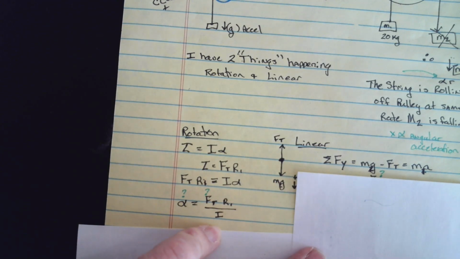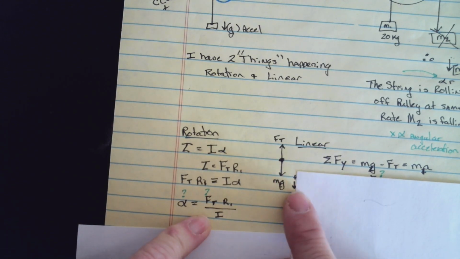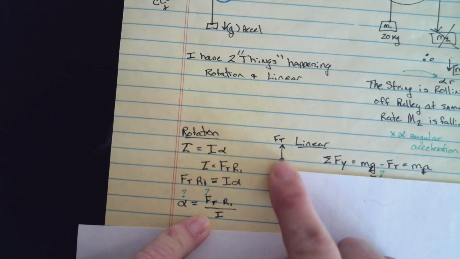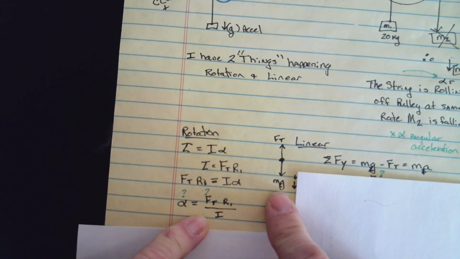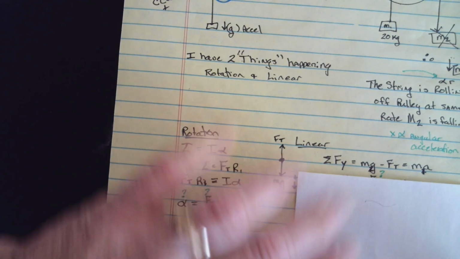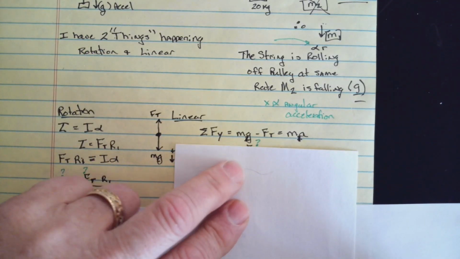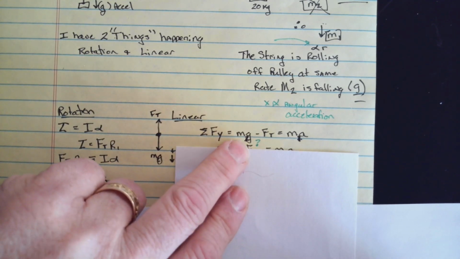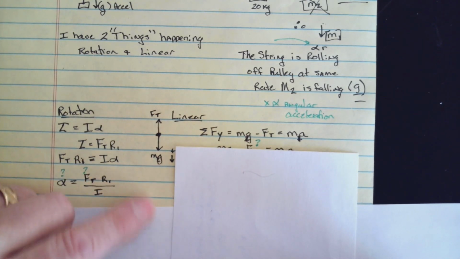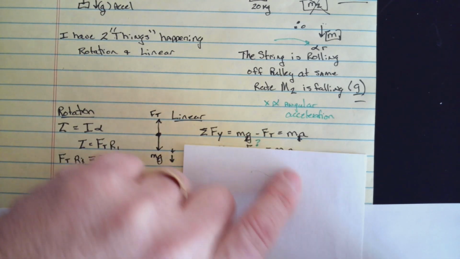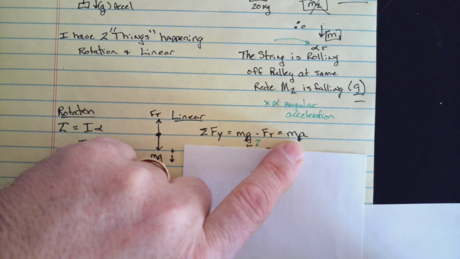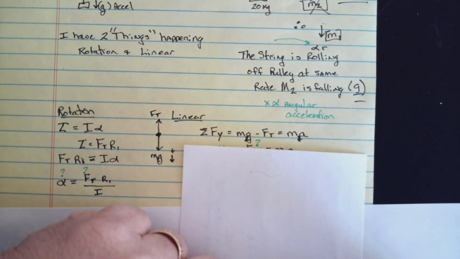I can look at the linear situation. I have a free body diagram, those never went away: the force of the string, the tension, versus mass 1 and gravity pulling it down. If I sum my forces in the y direction, with acceleration going down as my positive, I have mass times gravity minus the tension equal to mass times acceleration.